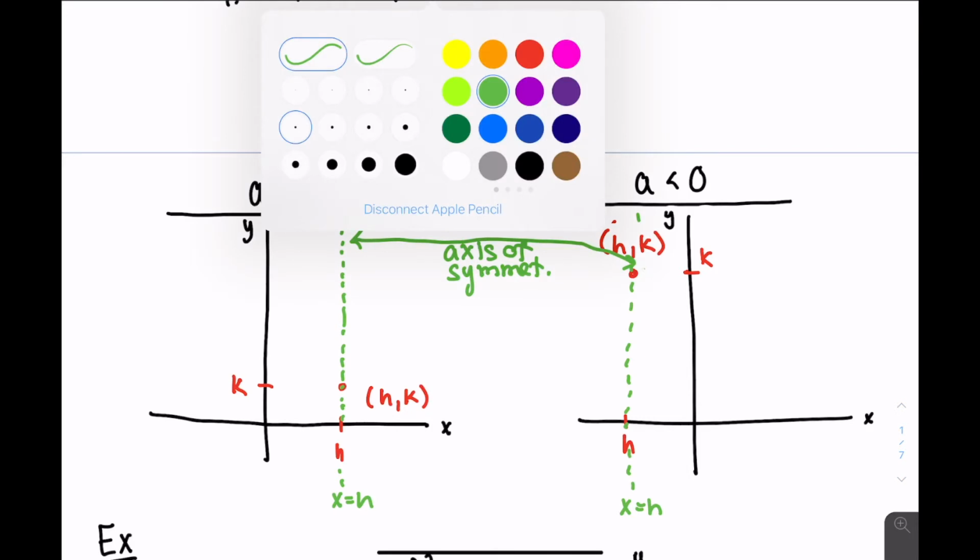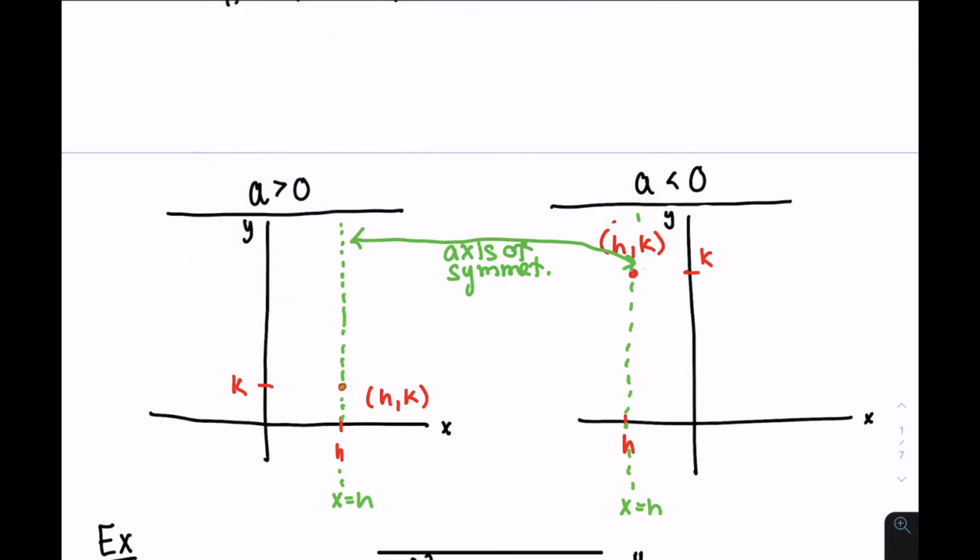Okay. Now our parabola, in the case when a is greater than 0, opens upwards. So it opens up, and then you reflect it across that green axis, and you're going to get exactly the same shape. When a is negative, that just tells us it's going to open downward. And then again, you reflect it across and you get the same shape on the other side.